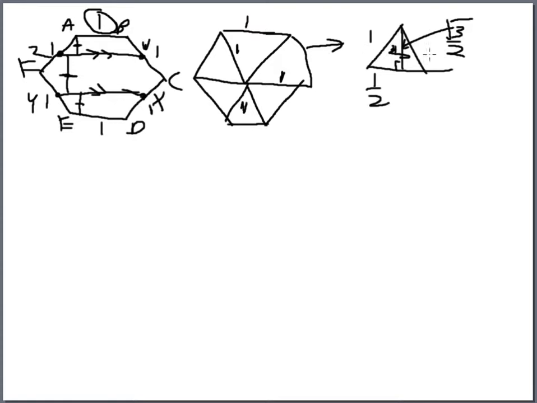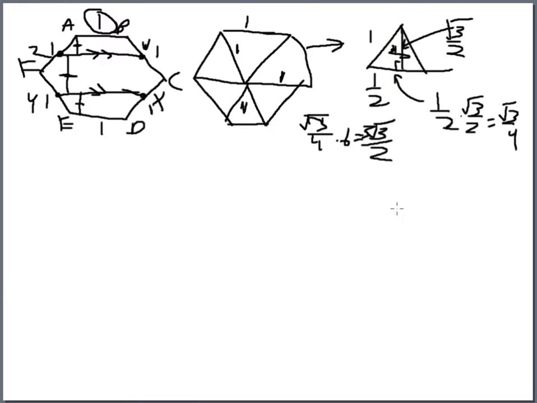So the area of this triangle is 1/2 times √3/2, which is √3/4. Then you multiply that by 6, so 3√3/2 is the area of the hexagon.